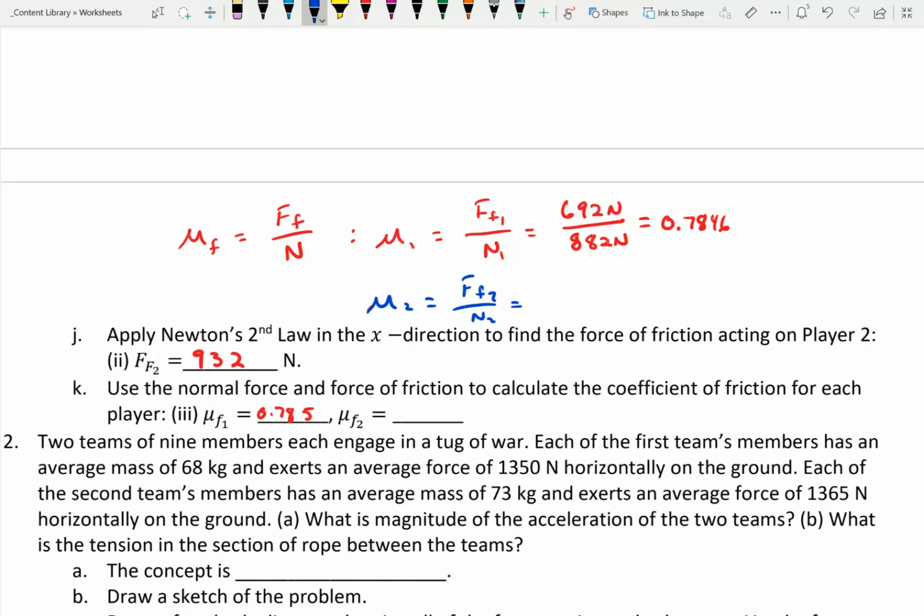So the force of friction 2 was, I'm checking all of my numbers from previous calculation. Yeah, that comes out right. So 932 newtons, force of friction, divided by 1,078 newtons, force normal, and we get 0.865.